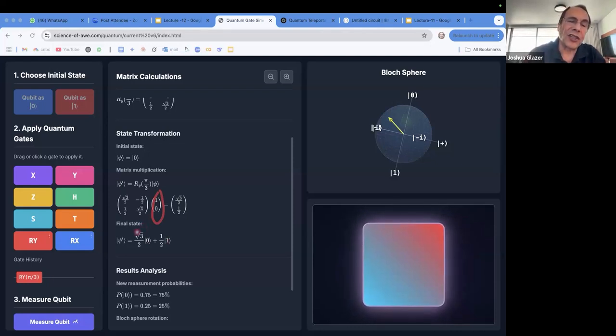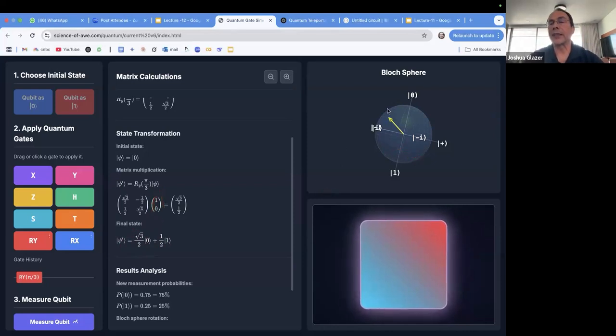You can see that the chances to get 0 are actually 75%, 3/4, because if I square this, I get 3/4, and if I square this, I get 1/4, right? So what you see here is a superposition of a vector which has a higher chance to be in the 0 area, and you can also see it here if you play a little bit with the Bloch sphere.